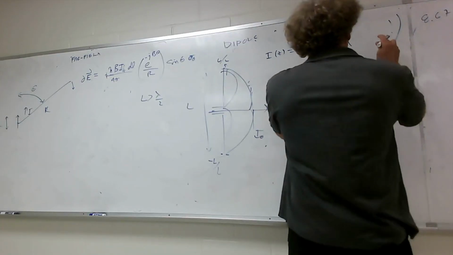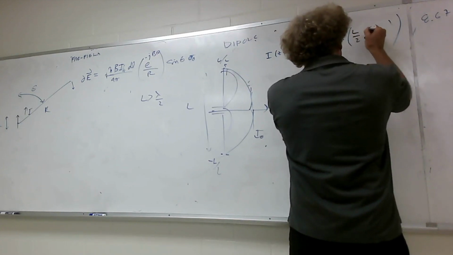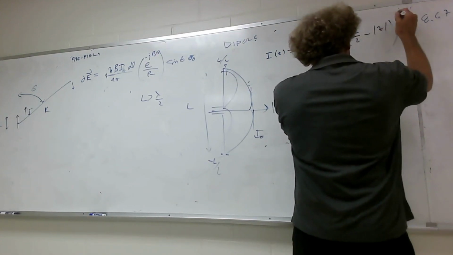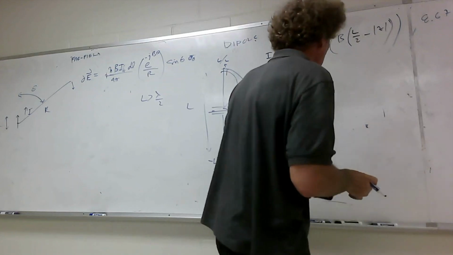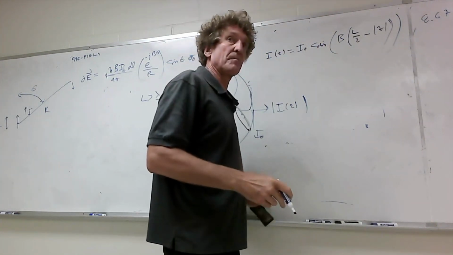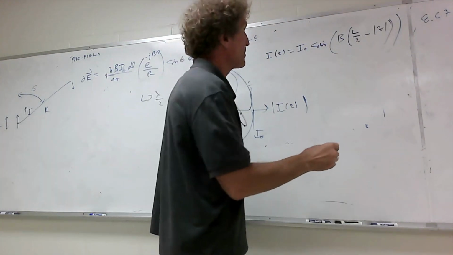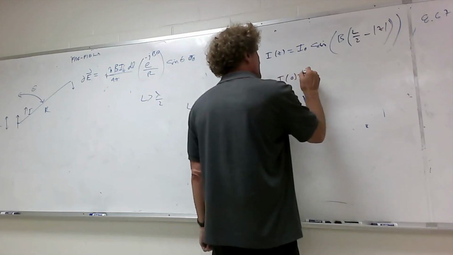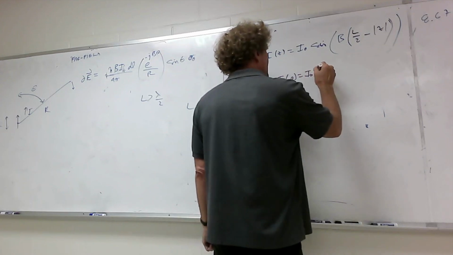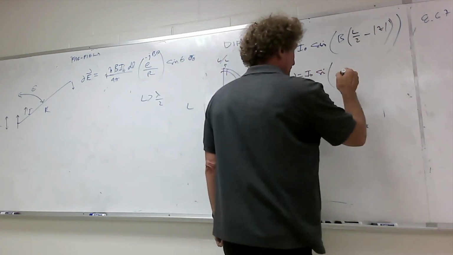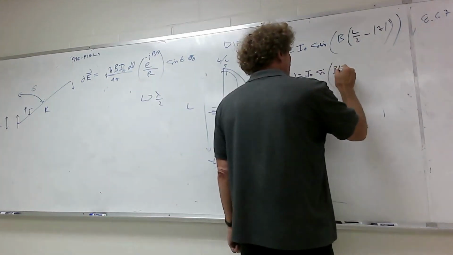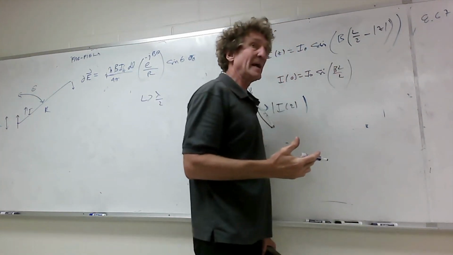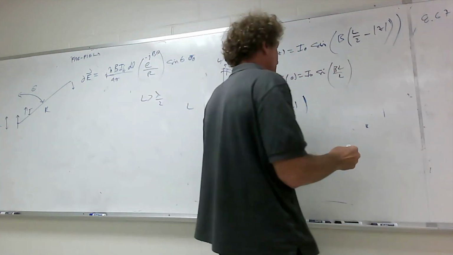You'll have L over 2 minus magnitude z here. The only reason I'm saying that is, when z is 0, it's more clear this way, and there won't be a sine function. When z equals 0, I of 0 is going to be I naught times the sine of beta L over 2. Now, beta is 2 pi over lambda, right?